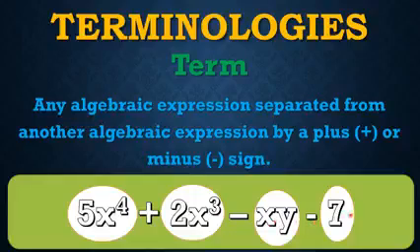So these are the terms, okay? So again, any algebraic expression separated from another algebraic expression by a plus or minus sign. So yung separator natin dito ng bawat term is plus or minus.